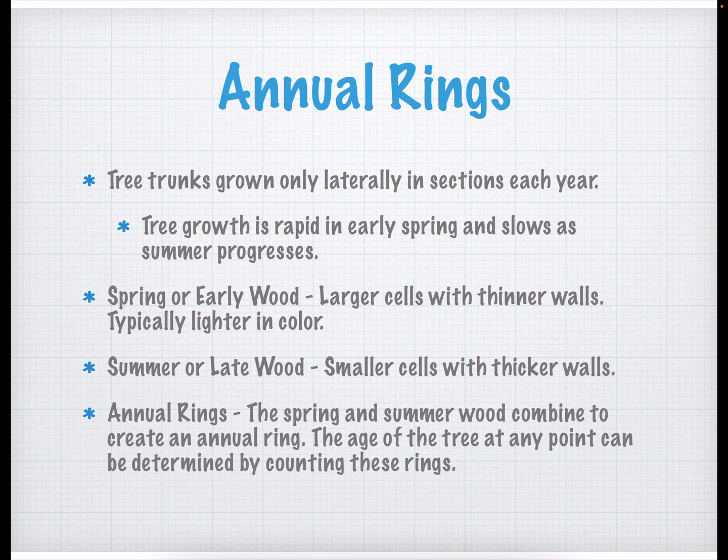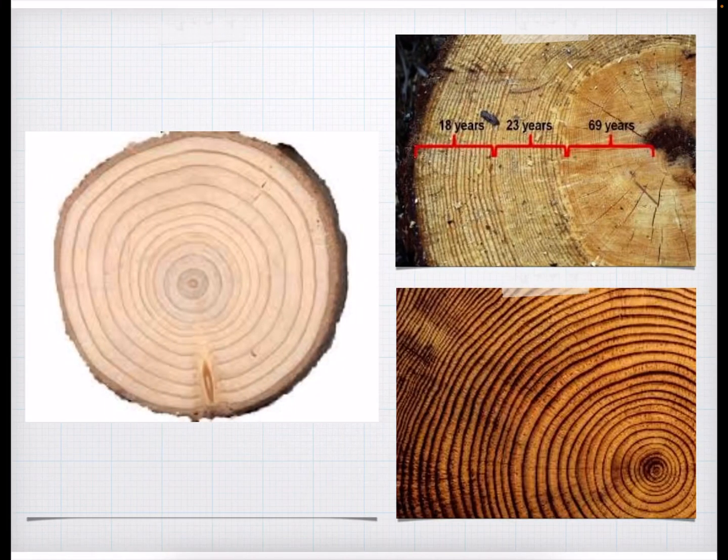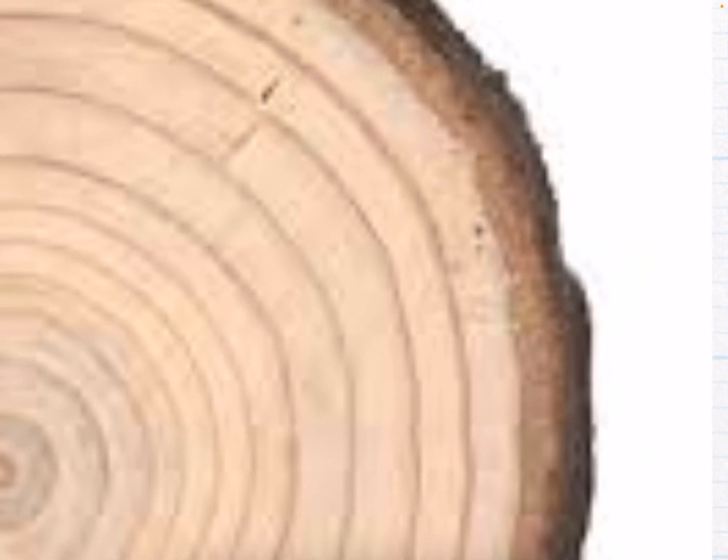And then as the summer rolls on and the growth slows down over the summer, they produce smaller cells with darker, thicker walls, and we call that the late wood or summer wood, okay? And that ends up creating an annual ring. Because the trees grow every year in these fits and spurts, they make a ring every year. And the ring is composed of two different parts, the lighter spring wood and then that narrow little dark band of late wood.